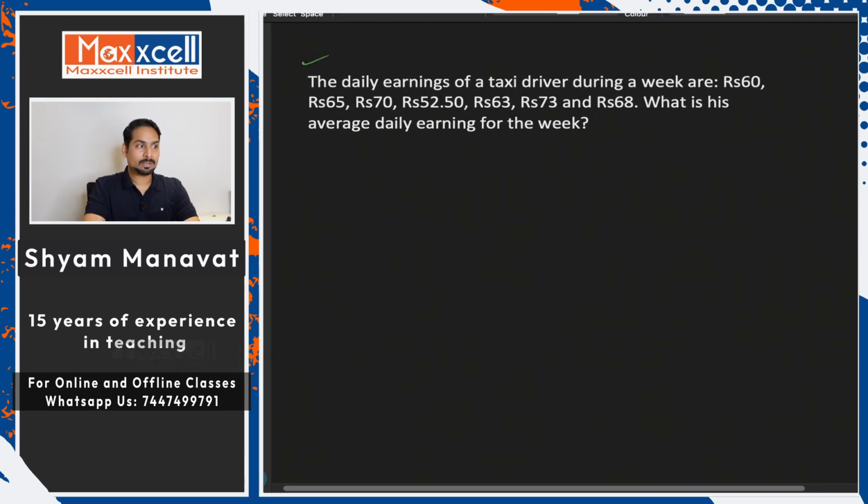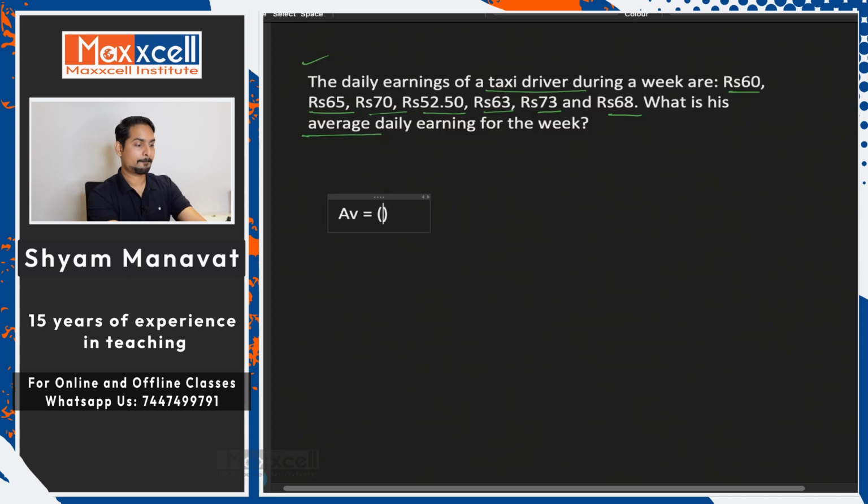Okay, let's try one more question. The daily earning of a taxi driver during a week is rupees 60, first value, second value, third value, fourth, fifth, sixth and seventh. So there are 7 numbers given here. The question says find the average daily earning. So you can say average equal to sum of values.